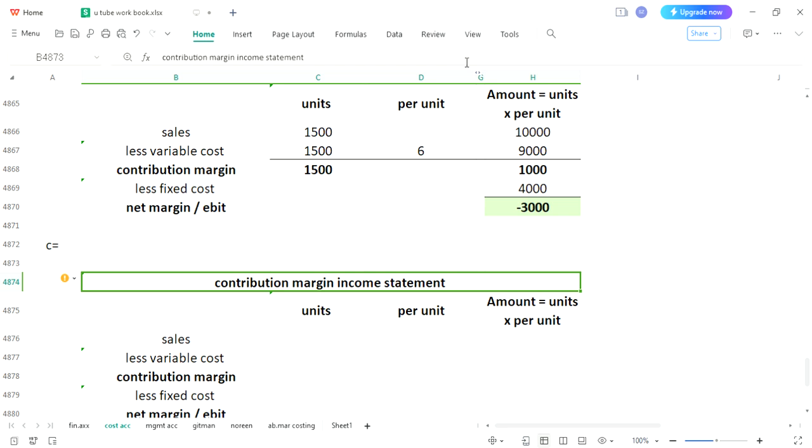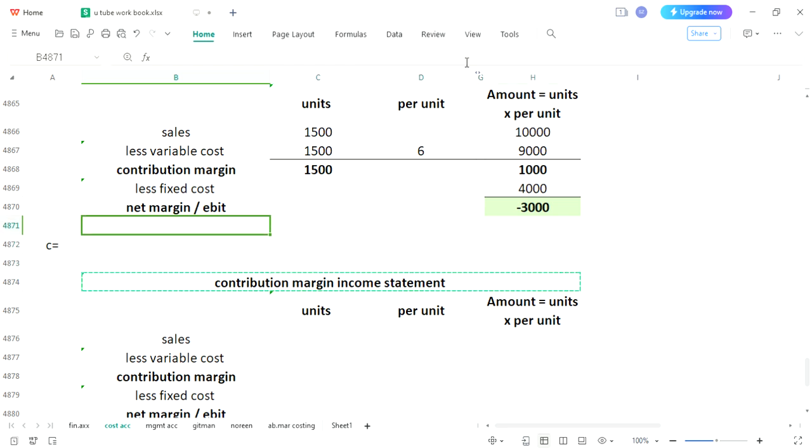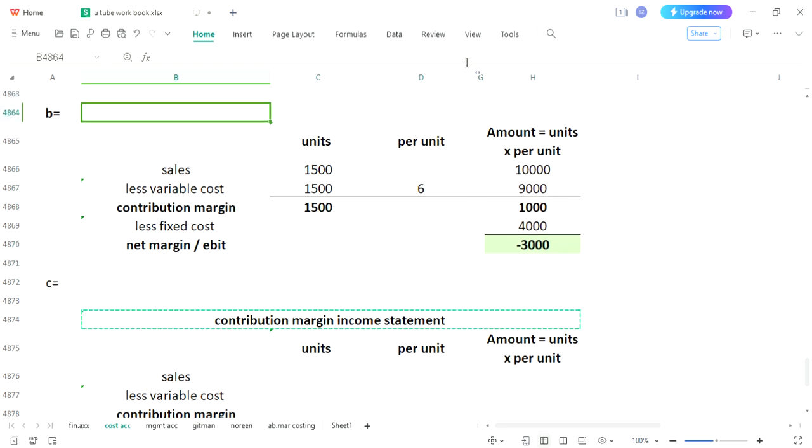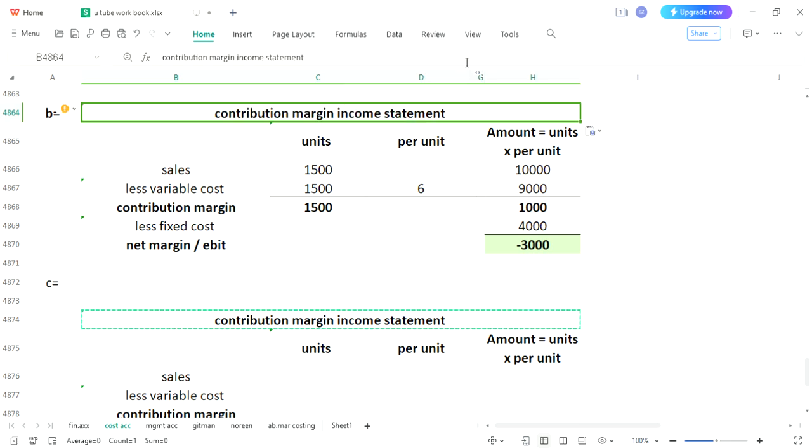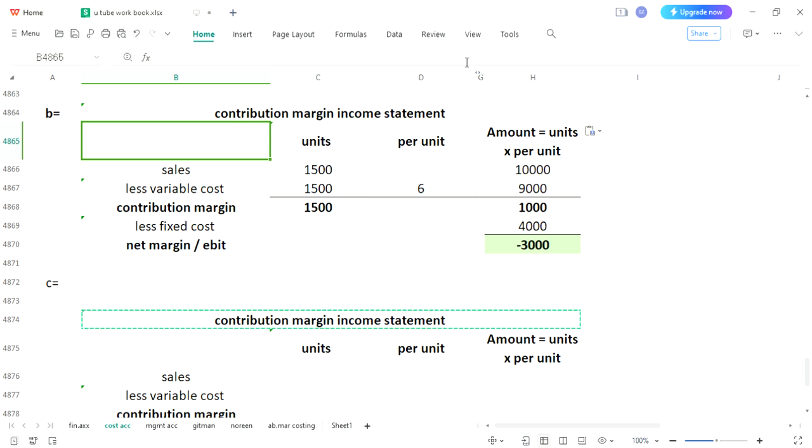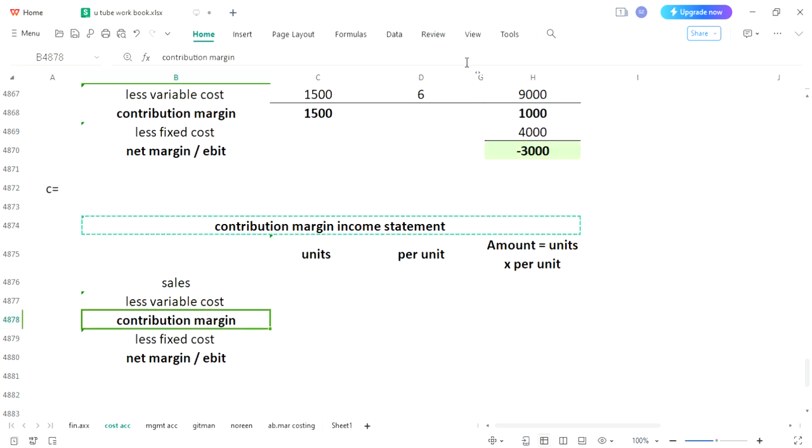And the same heading we can use for the first statement, which we have already completed. Okay, this was your first statement, and now we are making the second statement.